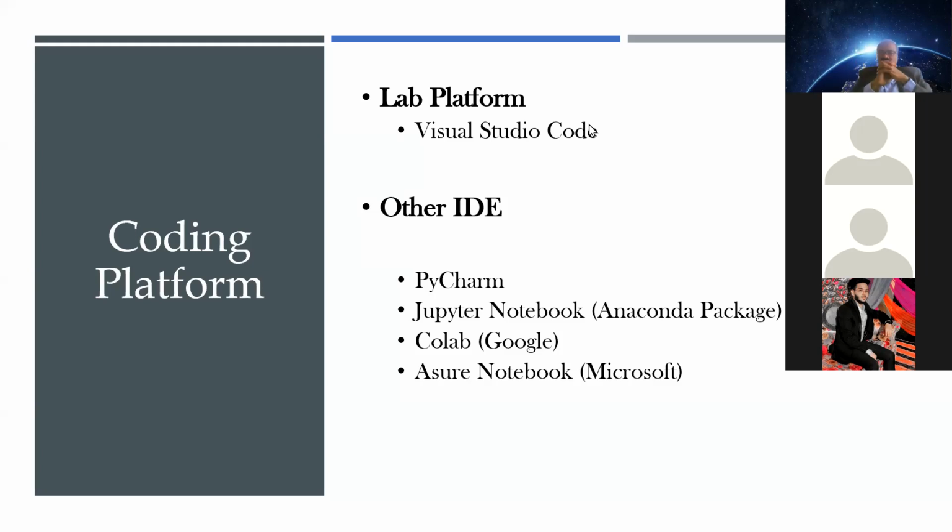There are many other simple and more advanced platforms like PyCharm, and many people may prefer Jupyter Notebook or Colab to write Python programs, run them, and see what output they provide. The whole programming experience can be done using these other platforms as well. But for this course, we have chosen Visual Studio Code.